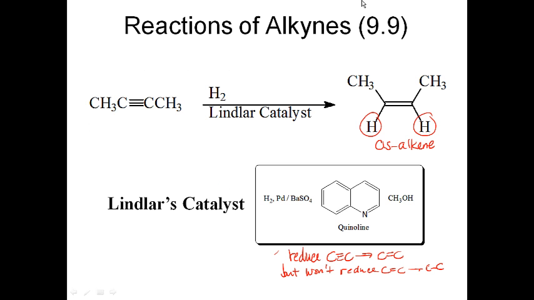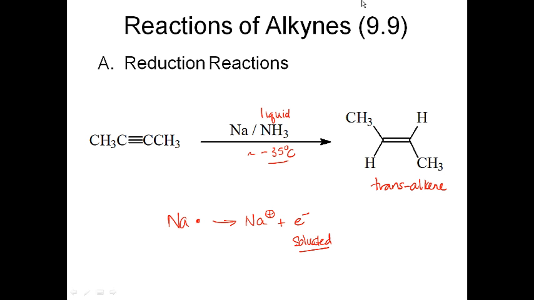To reduce a triple bond down to a cis alkene, use the Lindlar catalyst, the poisoned palladium catalyst. That'll stop at cis. To go down to the double bond but have it trans, use sodium and liquid ammonia.